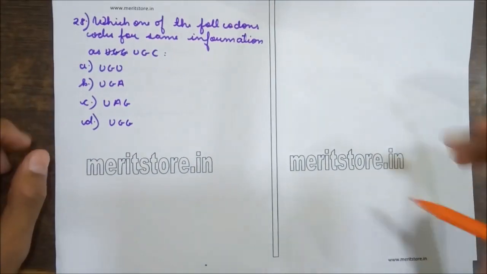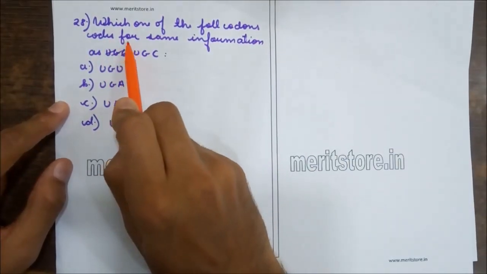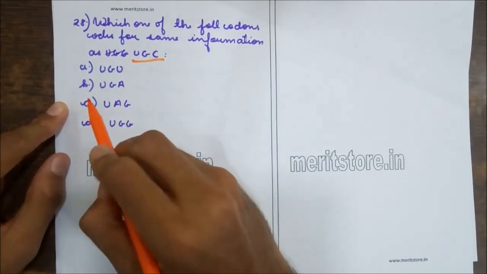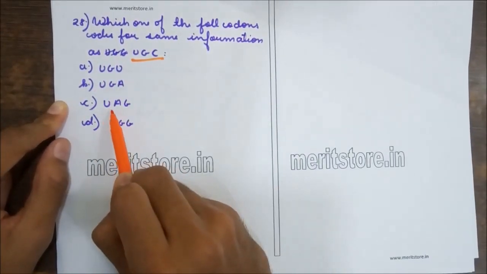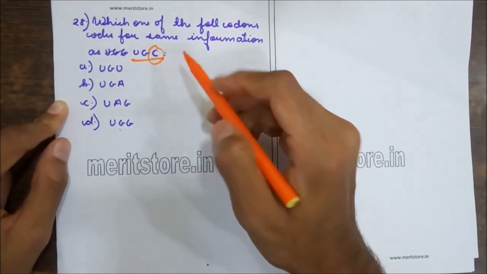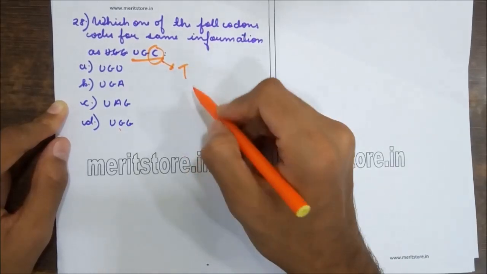Question number 28. Which one of the following codons codes for the same information as UGC? A. UGU, B. UGA, C. UAG and D. UGG. Cytosine complements in DNA with thymine.